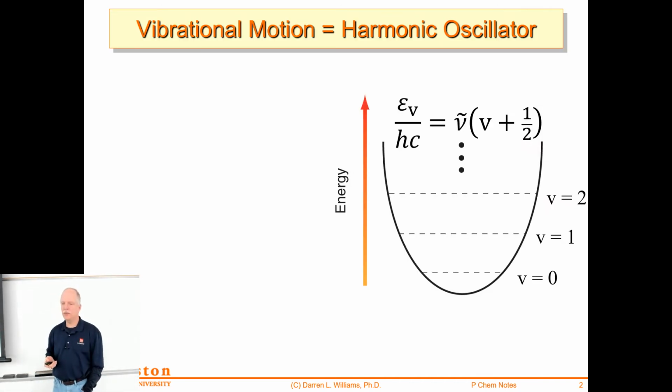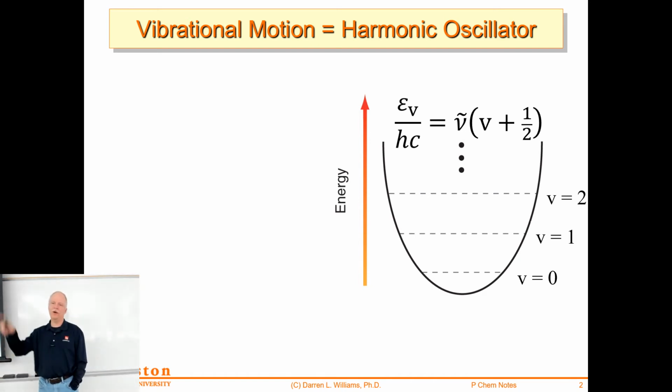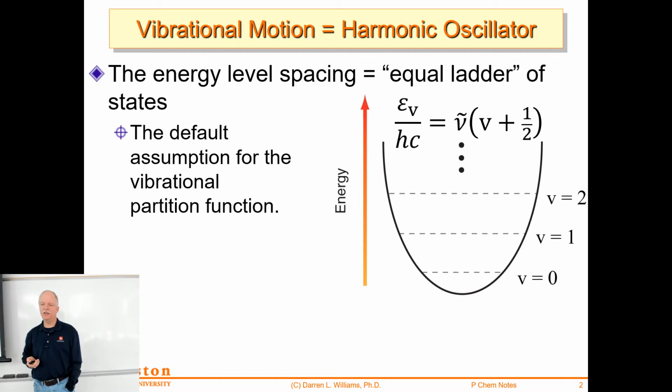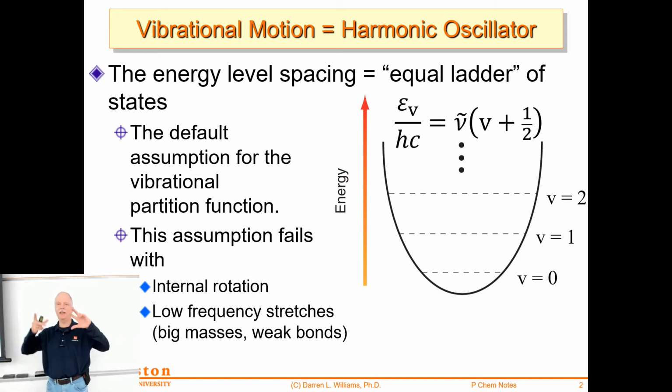Okay, so let's think about vibrational motion. This is a harmonic oscillator, so we have that parabolic potential energy equation, and we have equal spacing between the energy levels. This is an important factor in analyzing vibrational motion. This is the default assumption for vibrational motion, but it does fail with internal rotation. So think about ethane, right?